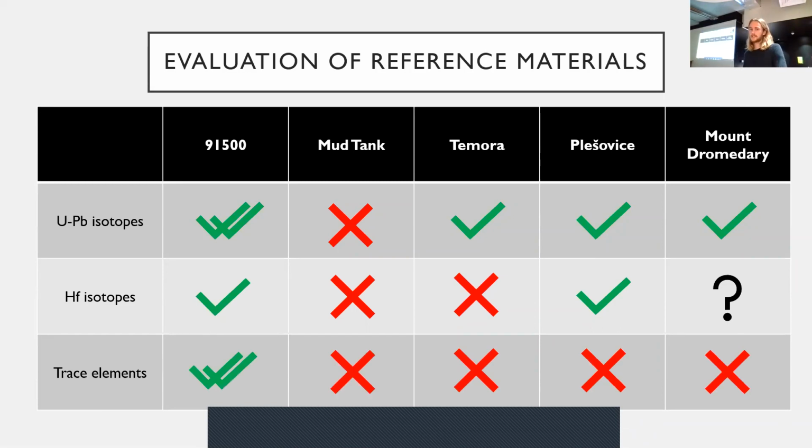The trace elements, as we saw in those maps, pretty much everything had zoning in it, so that kind of limits its use as a trace element reference material, because you want it to be mostly homogeneous. Yeah, so 91500 is probably the choice.